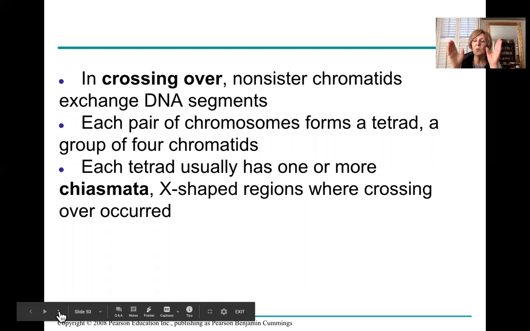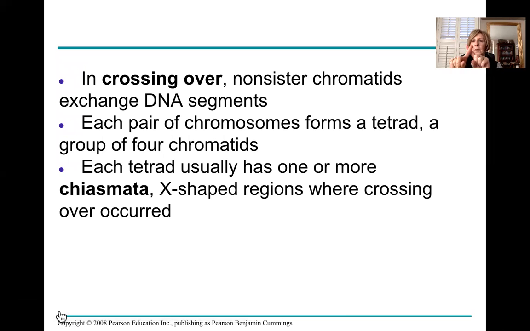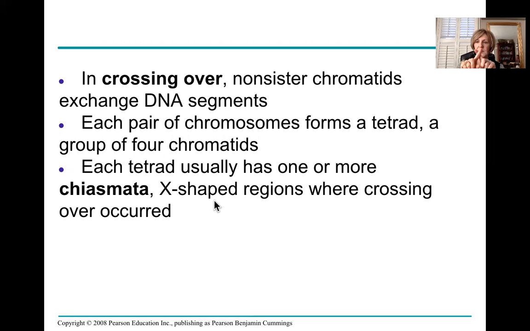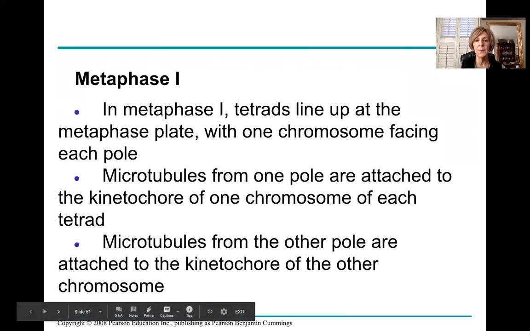Crossing over is when the genetic material in those arms that are touching is exchanged, and that is happening at the X-shaped region where the arms of homologous pairs, non-sister chromatids, are overlapping. That's where crossing over occurs.